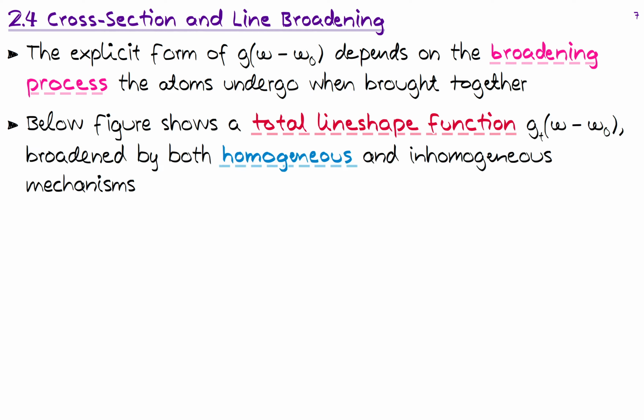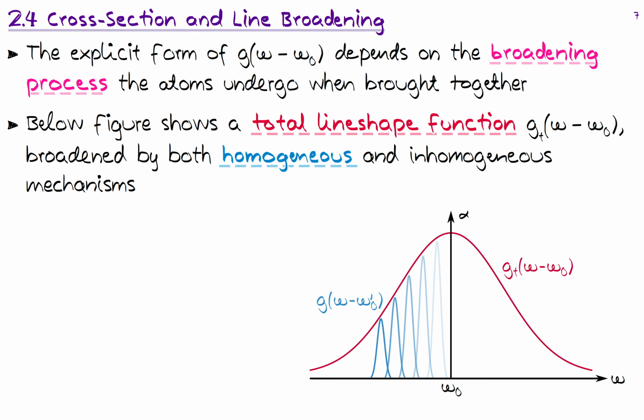Here below, I'm showing what can happen. We may have several broadening mechanisms within our gain medium, so that the total line shape function, which I'm denoting here with G_T, can be broadened both by a so-called homogeneous broadening mechanism and by an inhomogeneous mechanism. I'm drawing the total line shape function with the red line, and then a narrower line shape function for the homogeneous broadening.